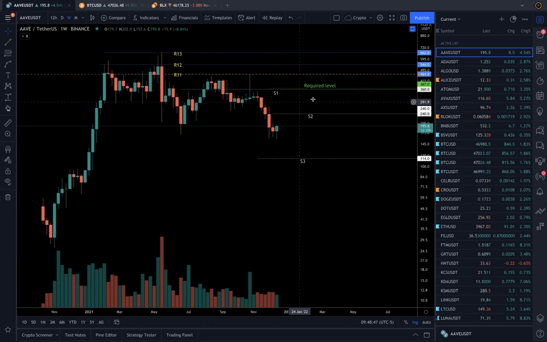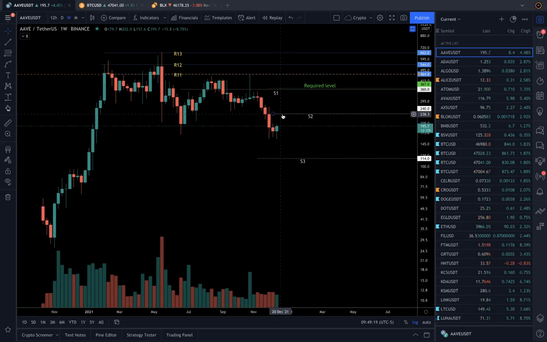The required level simply means that unless price breaks above this required level, you have to assume that it could go down from any level, probabilistically, because this range is not a range. I'm just taking an hour as an example to explain this. So this is bouncing. If you think that it will go up, why not?